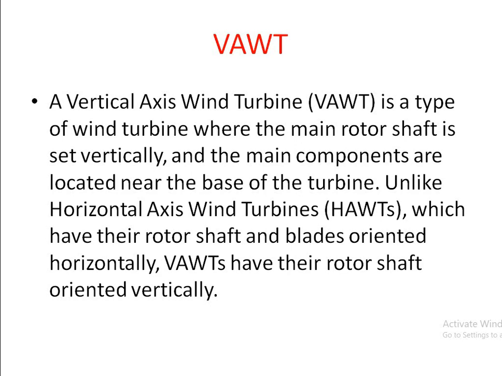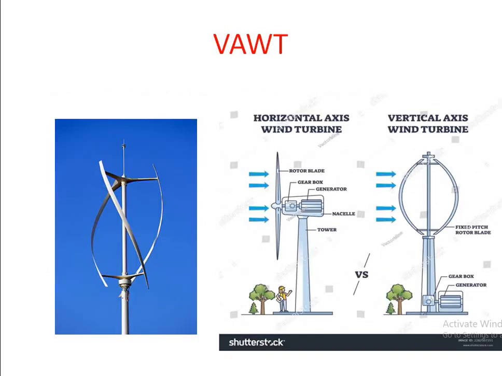Now in case of horizontal turbines, the rotor shaft and blades are oriented horizontally, whereas in a vertical axis wind turbine the rotor shaft is set vertically. So VAWTs have their rotor shaft oriented vertically. In the figure you can see the difference between these two.